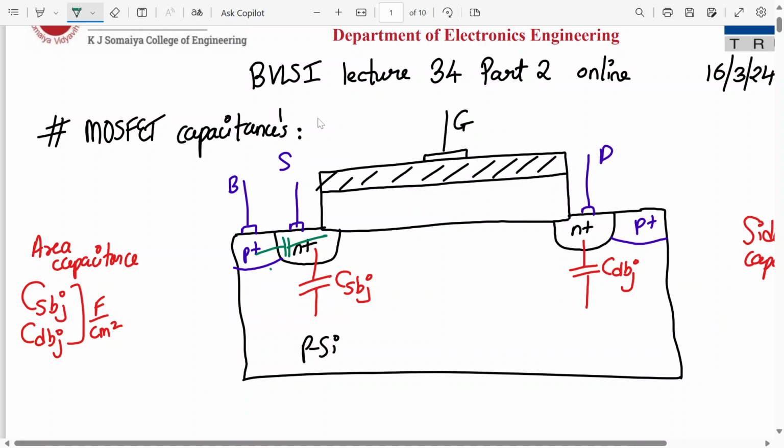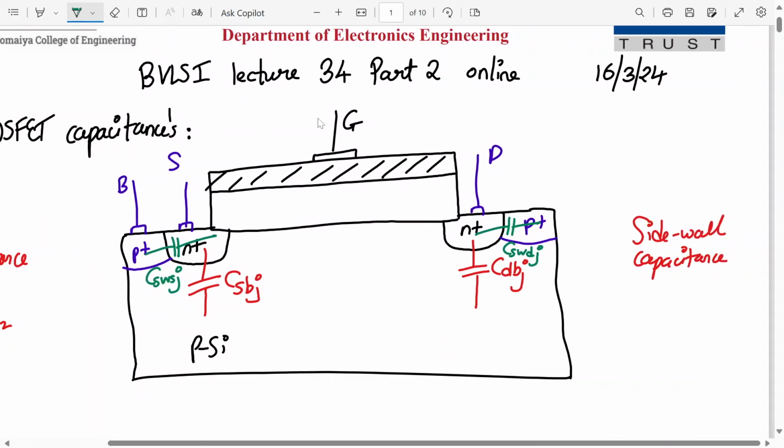This is called CSWSJ, the source to substrate sidewall capacitance. And there is another PN junction over here. This is CSWDJ, the drain to substrate sidewall capacitance.